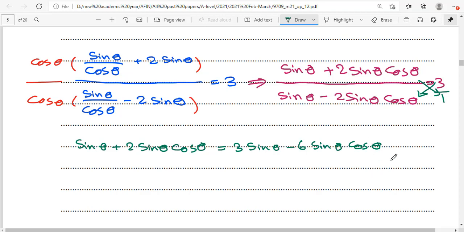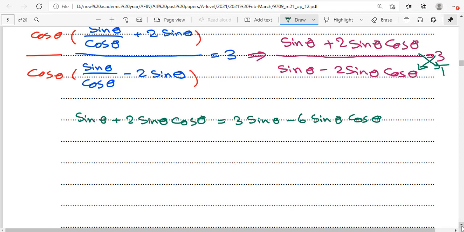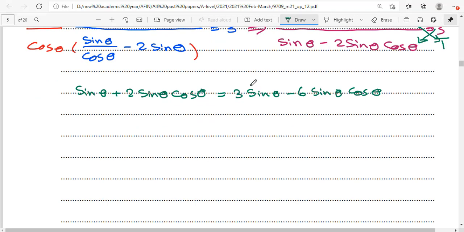Now we are going to send all of these terms on the right to the left to make the side equal to 0, and the solution process will be easier. Then 3 sine theta, when we send it to the other side, becomes negative 3 sine theta. And we have sine theta here. It's positive with negative 3, it will be negative 2 sine theta.